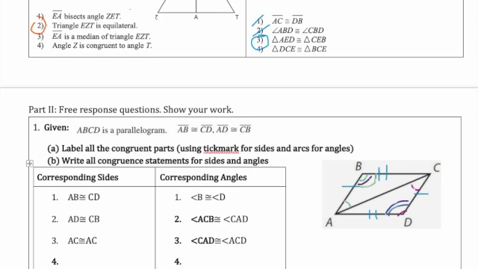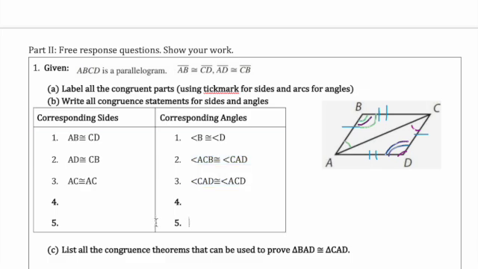Okay, so I have 3 angles that are congruent. Okay, so you should have 3 sides and 3 angles, because we're talking about corresponding sides and corresponding angles.